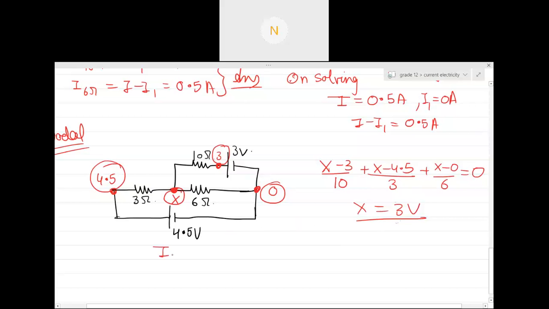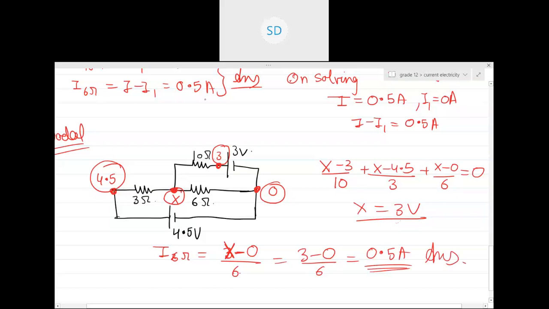And the current through... Is this clear?